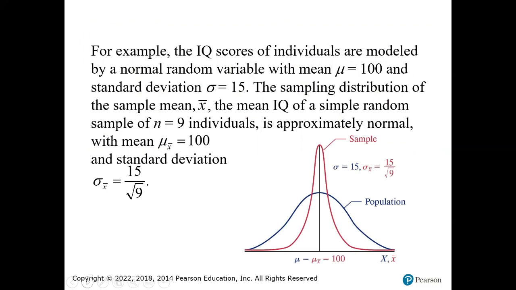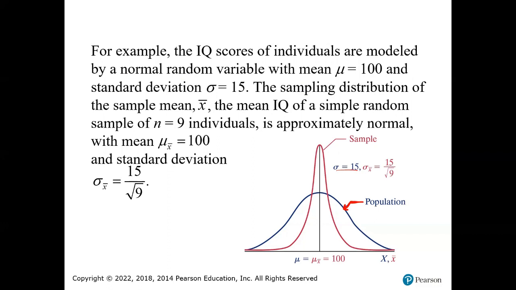Just to show you here, the IQ scores of individuals are modeled by the random variable. The blue is our overall population. The mean was 100, and our standard deviation was clearly much more spread out, at 15. In the first one we did a sample of size 9.